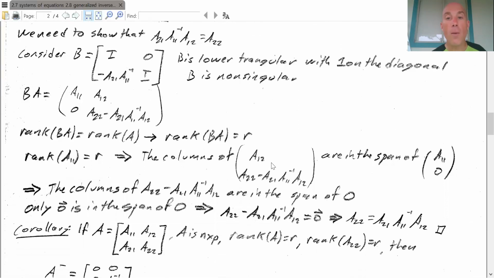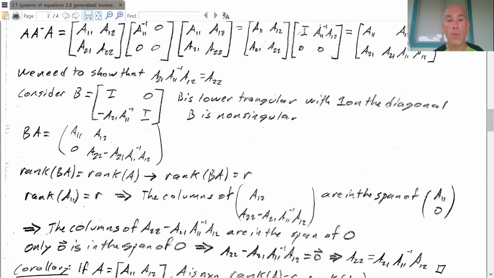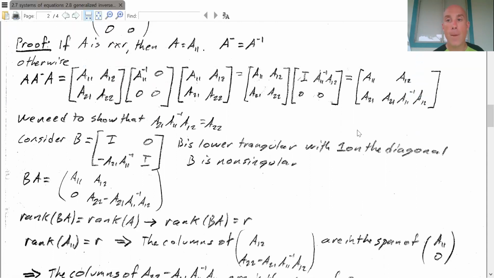This means that the columns of this have to be in the span of this. Why is that? Because tacking these on, if I look back up here, all right, so this is full rank, and the whole thing is the same rank as this upper left-hand corner.